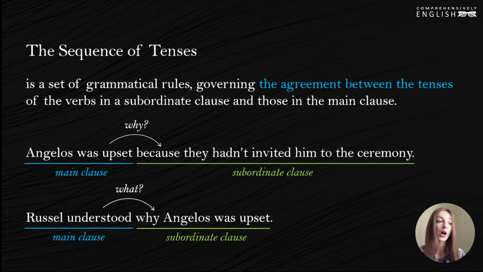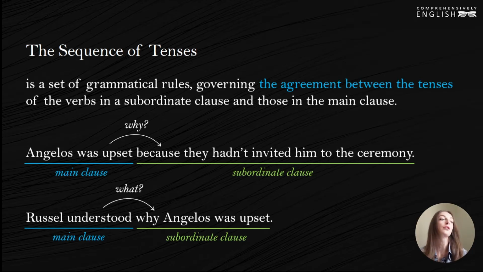He understood why Angelus was upset. As our subordinate clause answers the question what, it's an object subordinate clause. We won't be talking about different types of subordinate clauses in this video, or about other peculiarities connected with subordinate clauses and types of sentences. Our task today is to learn the rules of the sequence of tenses.